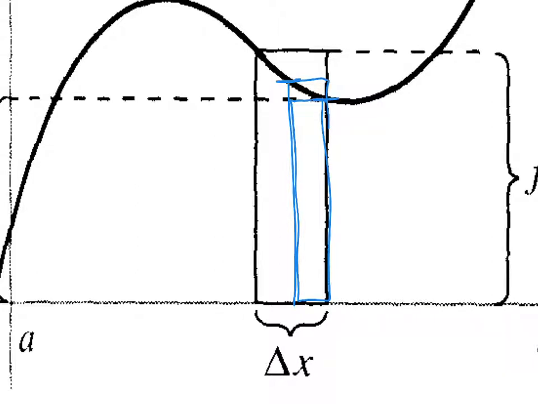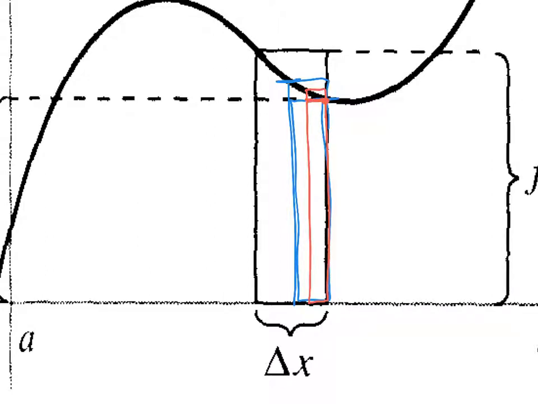Okay? So notice if I'm using upper sums versus lower sums in the first example, there's going to be a difference. Here, if I cut the interval in half and I use upper sums and lower sums, the difference is not going to be quite as much. If I cut that interval in half again, here's the rectangle I would use for the upper sum.